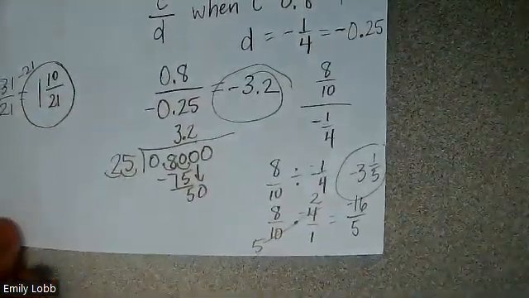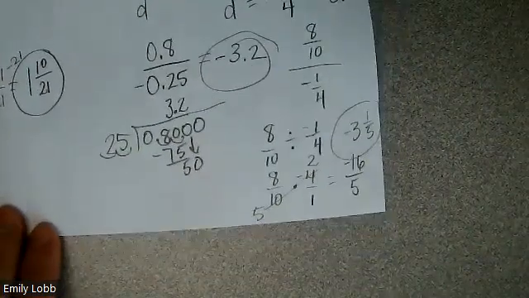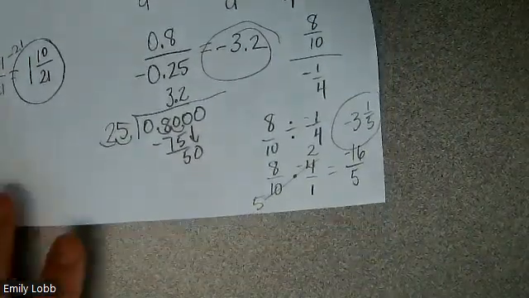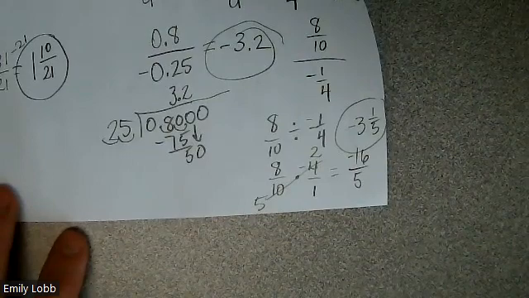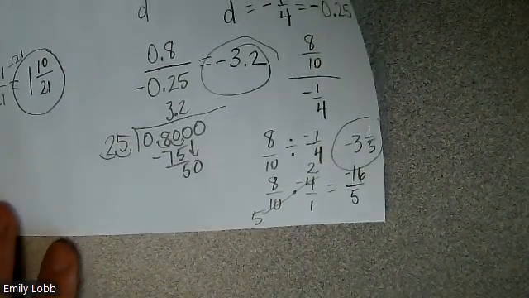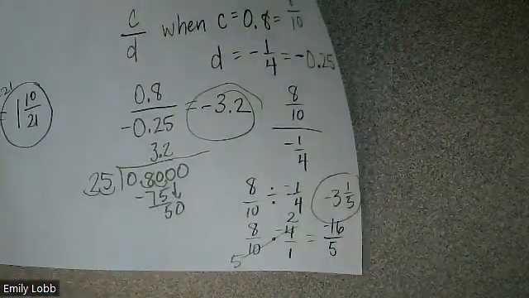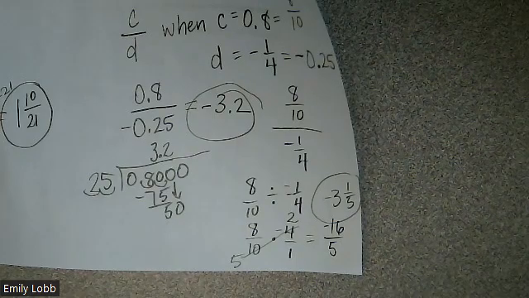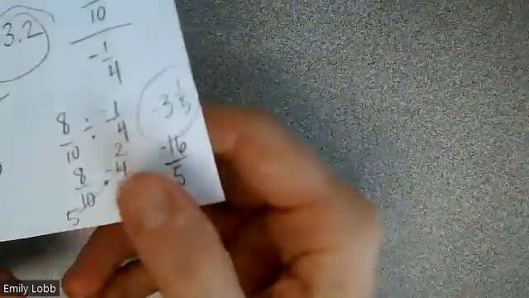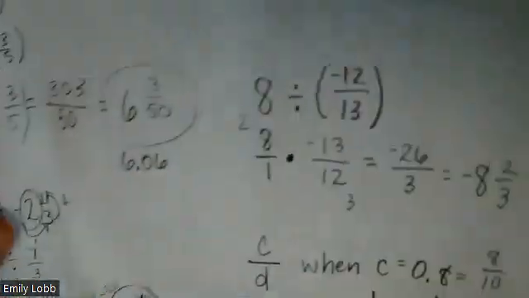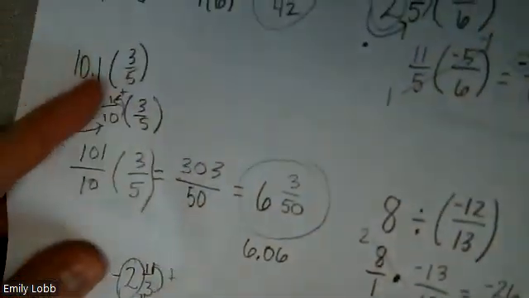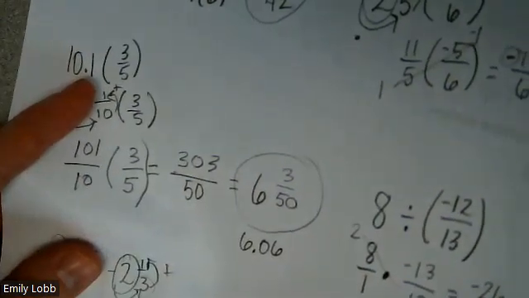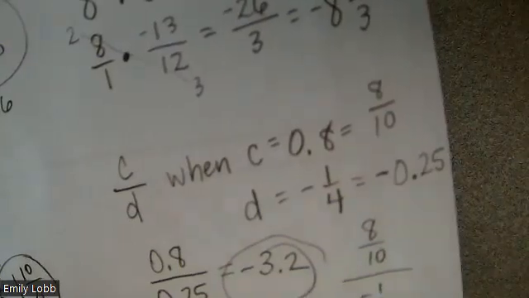Do you have to show work tomorrow for full credit? Yes. Do they all need to be done with decimals, with fractions? Yes, pretty much all of them, right? I think the only one that would be acceptable both ways was this one and maybe this one, because 1/10 is a terminating fraction.